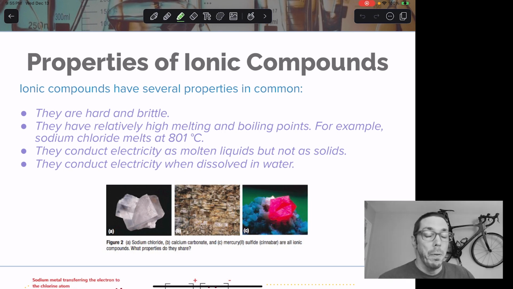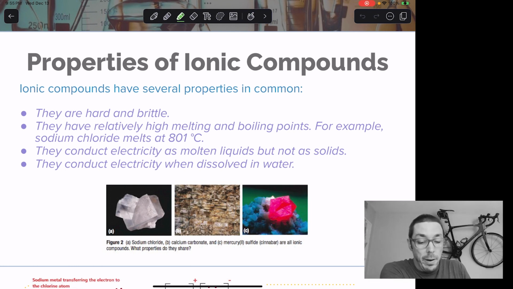And once we look at the properties, we're going to try and explain why these compounds have those properties. So we're going to get into some finer details in terms of the forces within and between the compound particles.